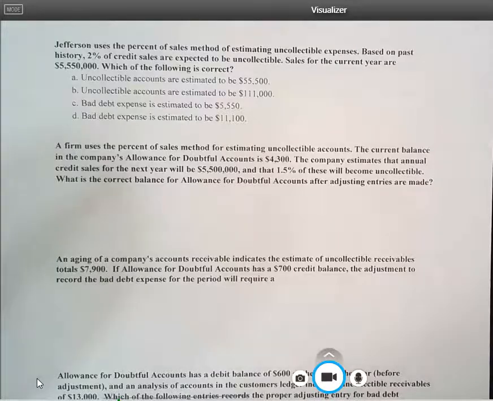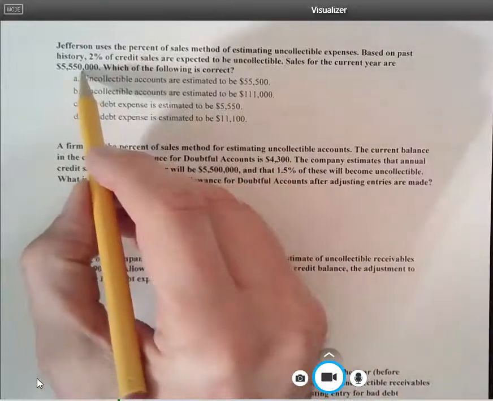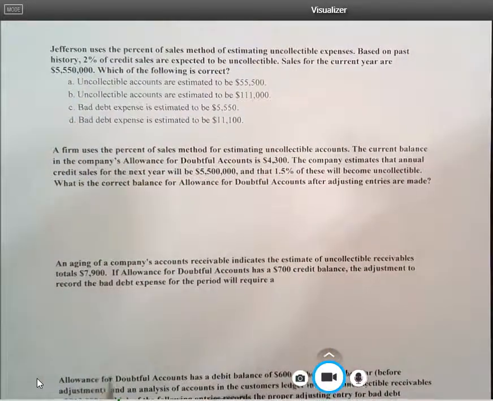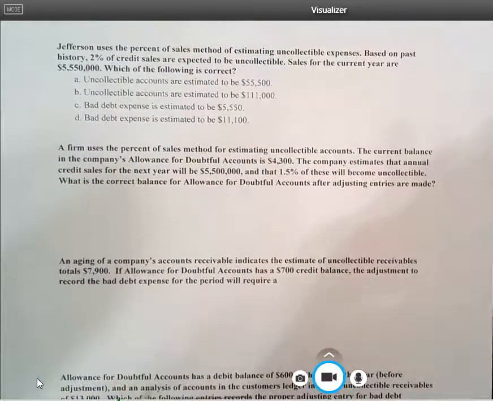It says that 2% of credit sales are expected to be uncollectible. And then it says sales for the current year are $5,550,000. Now, it doesn't actually say here that this figure is all credit sales, okay? But we don't have any indication that these are not.